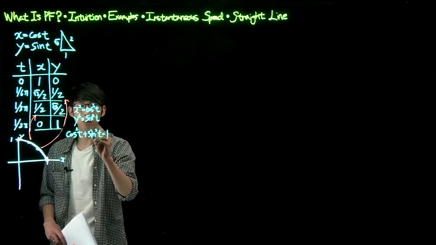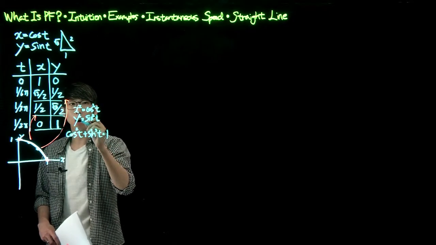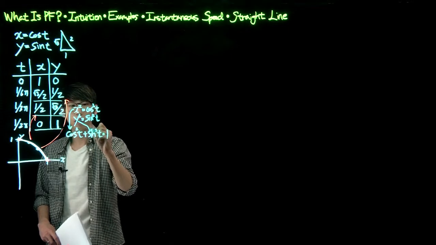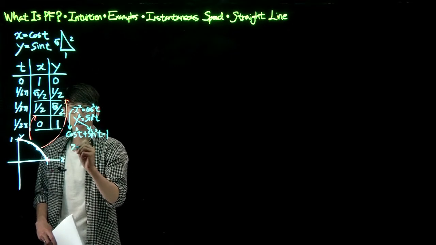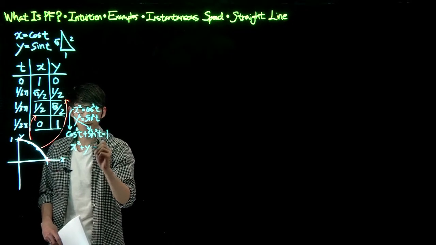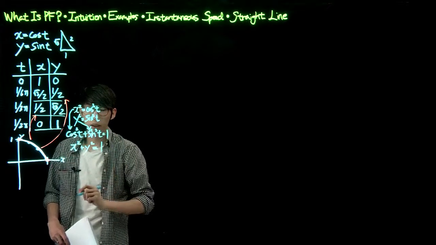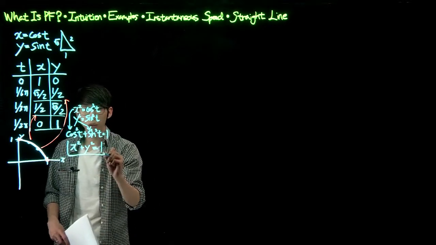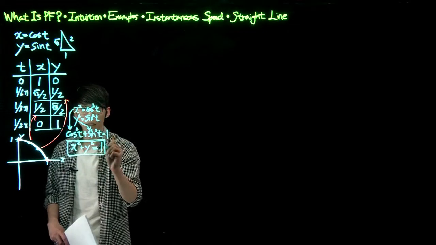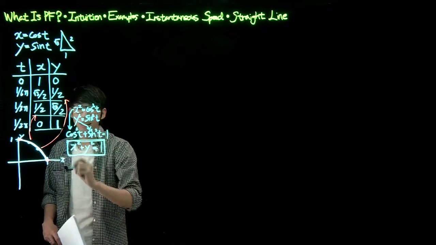We can now substitute x and y here, and it becomes x squared plus y squared equals 1, which is the equation for a unit circle.